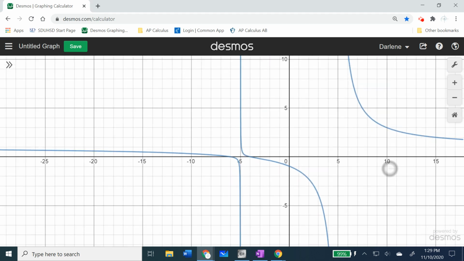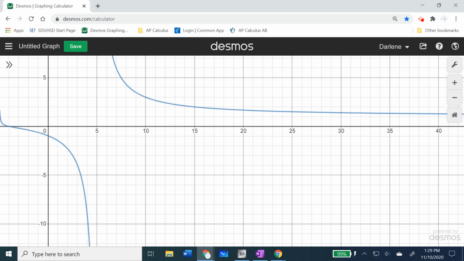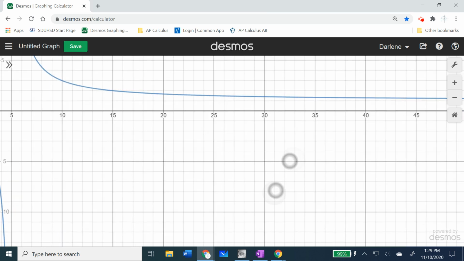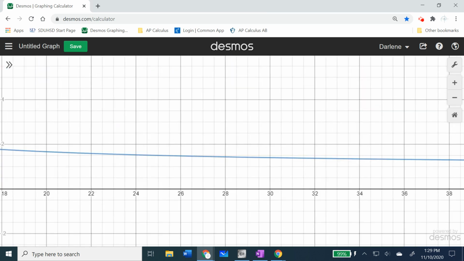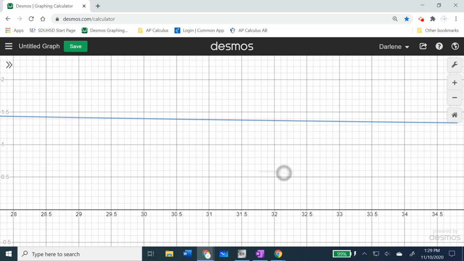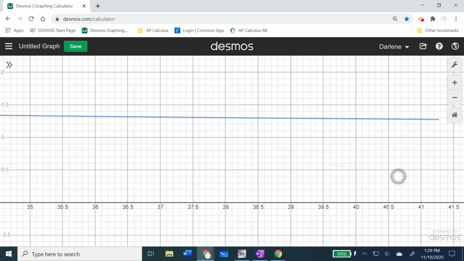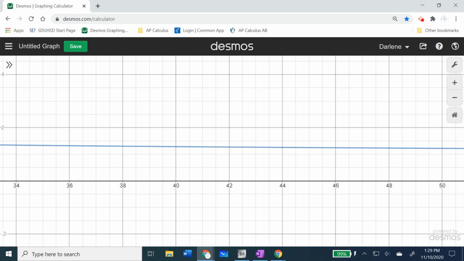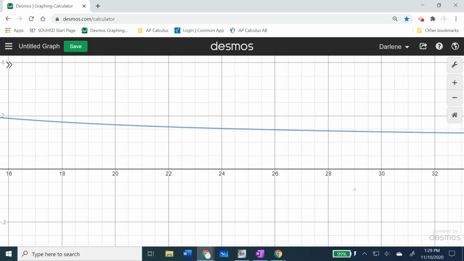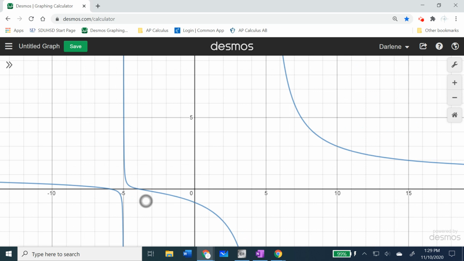It has a horizontal asymptote of 1, but with this one, you're going to see it better if we go out a bit. And then if you go out far enough, you can see that this is heading to 1. And the other side is as well.